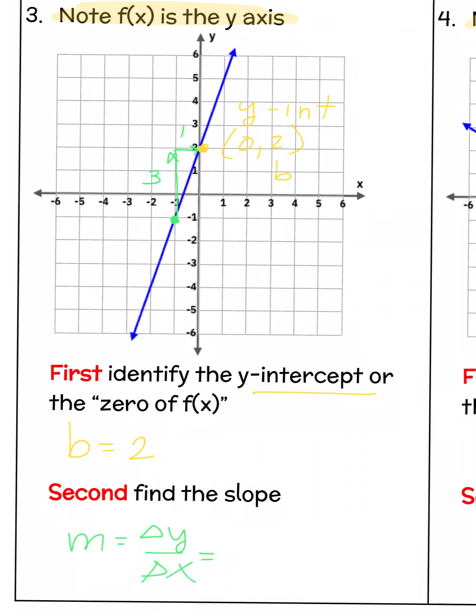So my change in y is up 3 over 1, which gives me 3 as my slope. So again, if I were to write my equation, y is going to equal to 3x plus 2. And that's my equation right there.